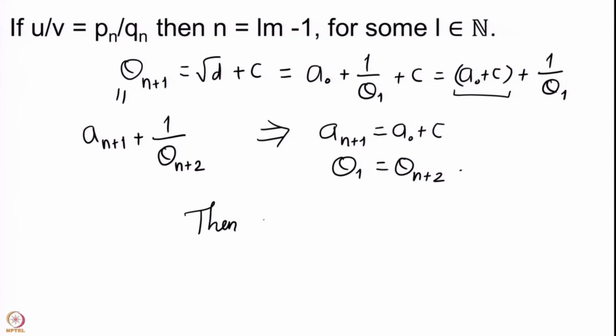So, n plus 1 is a multiple of m, call it Lm, and therefore we get n to be Lm minus 1 for some natural number multiple of m.